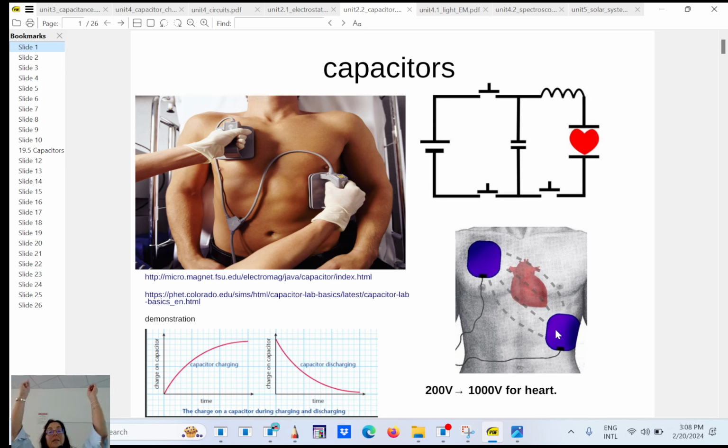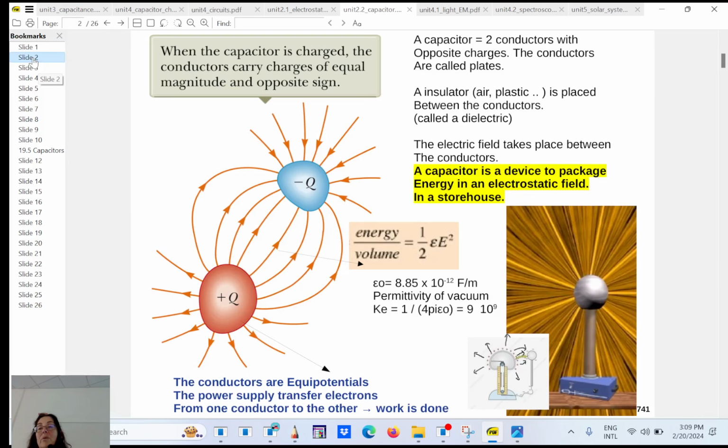The air is an insulator, right? And there will be a voltage between them. And they are equipotential. That will be, for example, 100 volt relative to zero. In between them, you're going to have an electric field.